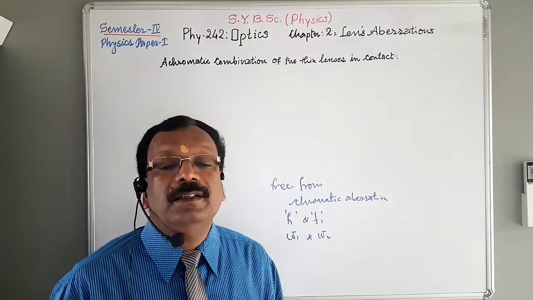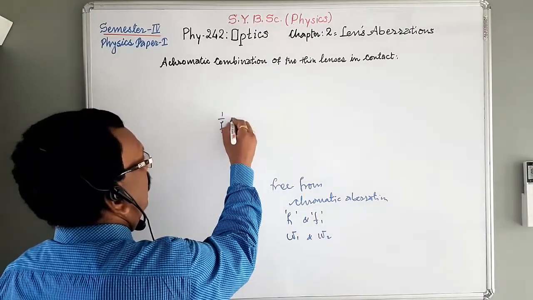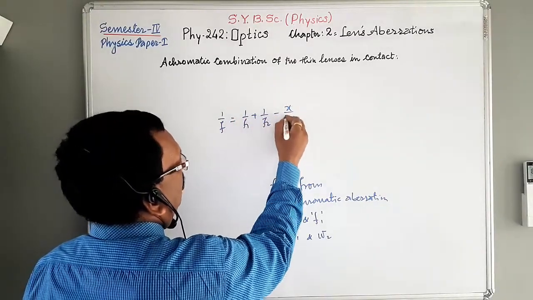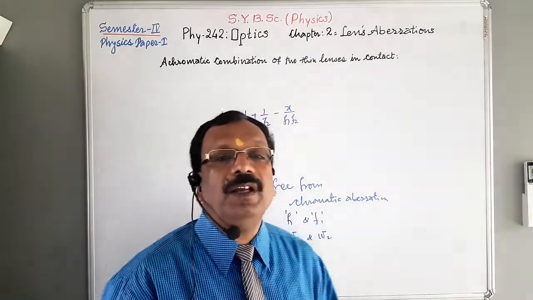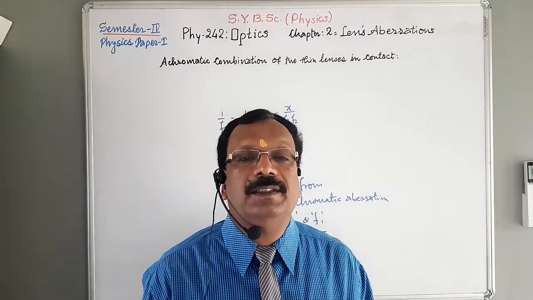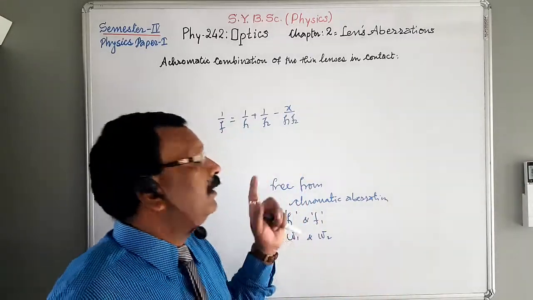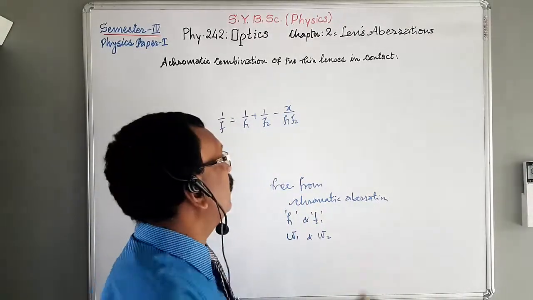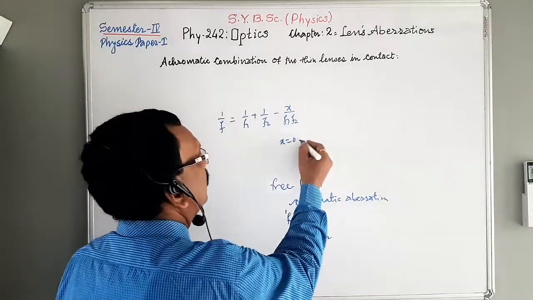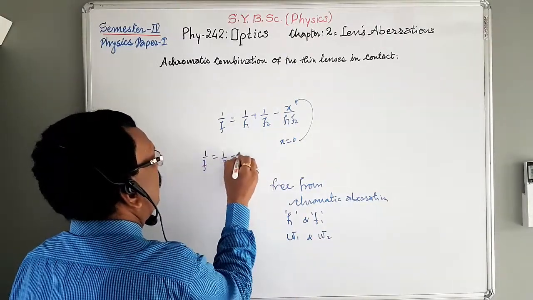If two lenses are kept coaxially and separated by a distance x, the equivalent focal length is given by 1/f = 1/f1 + 1/f2 - x/(f1 f2). But when the two lenses are in contact, the distance of separation x is 0, and substituting this value we have 1/f = 1/f1 + 1/f2.